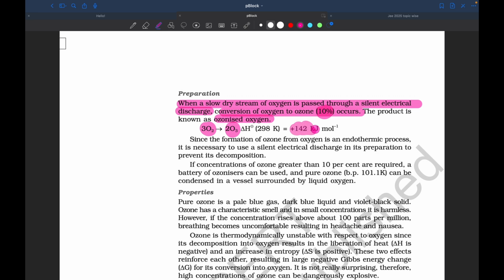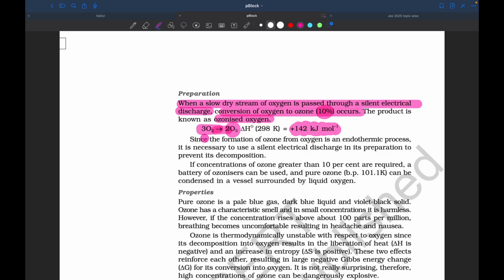The energy required for this reaction is plus 42 kilojoules for the forward reaction. This reaction happens at 298 Kelvin. He forgot to put the equilibrium sign, but it's okay, it's the preparation of it.